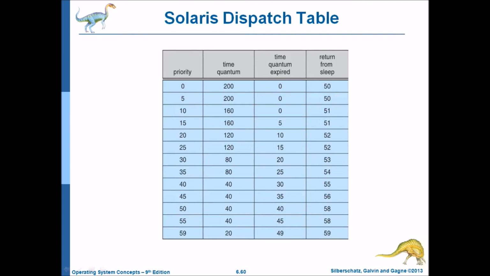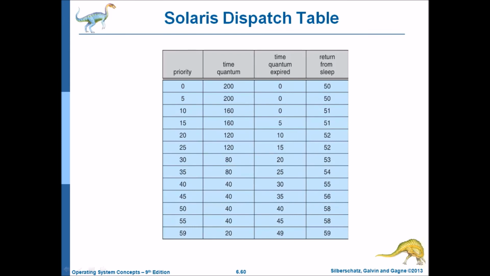The figure shows the dispatch table for scheduling time-sharing and interactive threads. These two scheduling classes include 60 priority levels, but for brevity we display only a handful. The dispatch table contains the following fields.